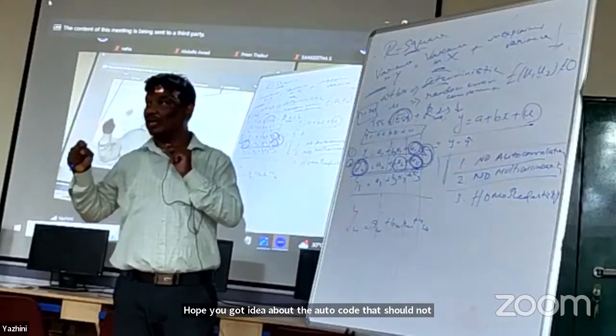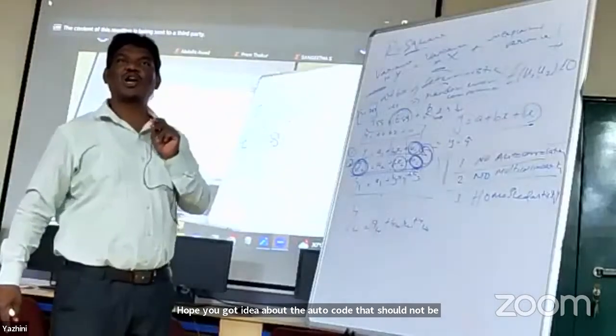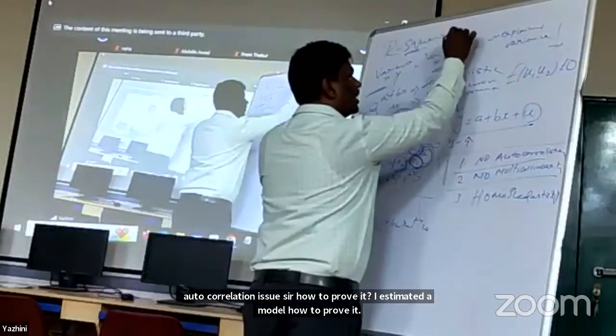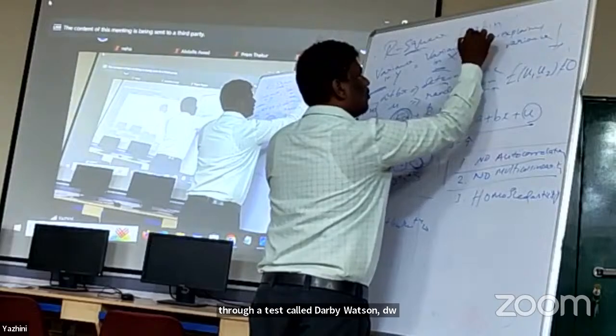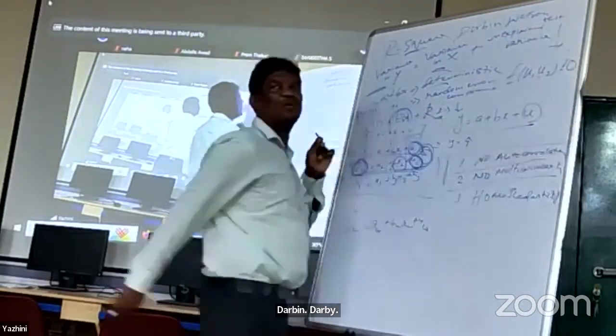Sir, how to prove it? I estimated a model. How to prove it? Through a test called Durbin-Watson, the DW test.